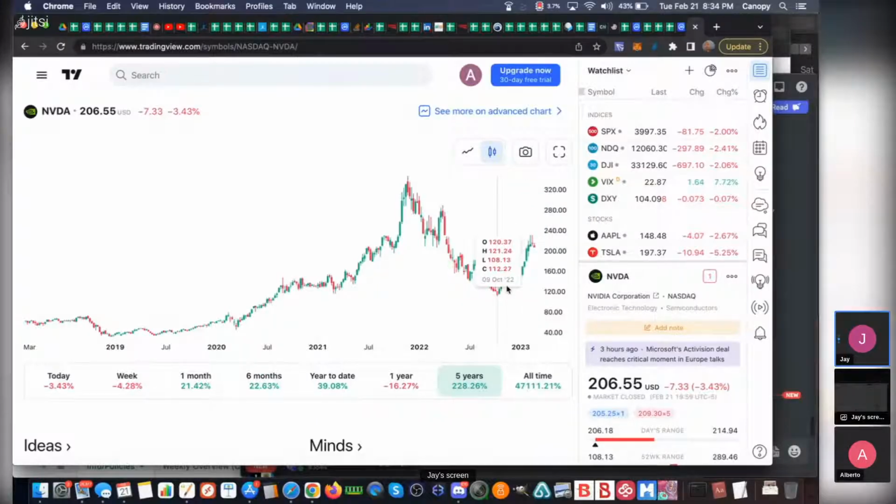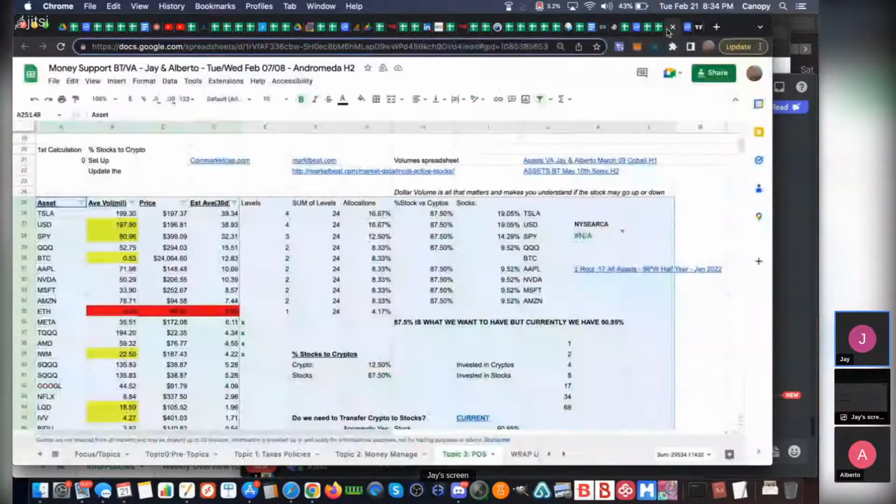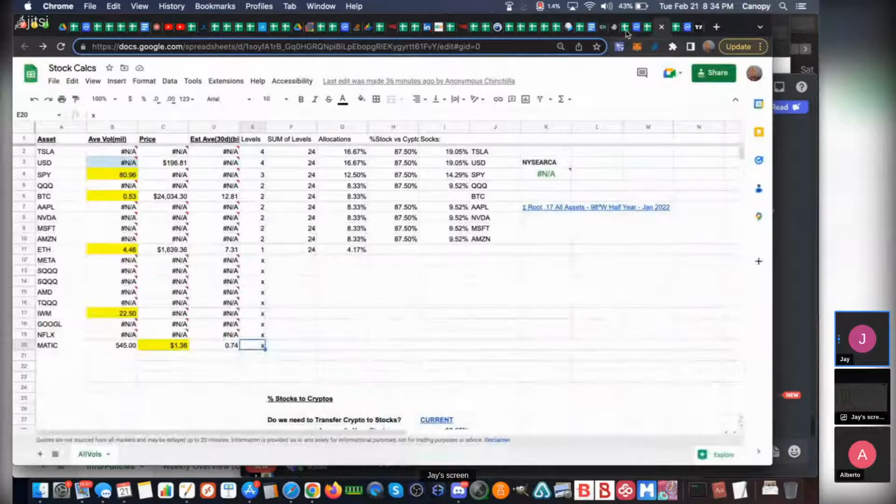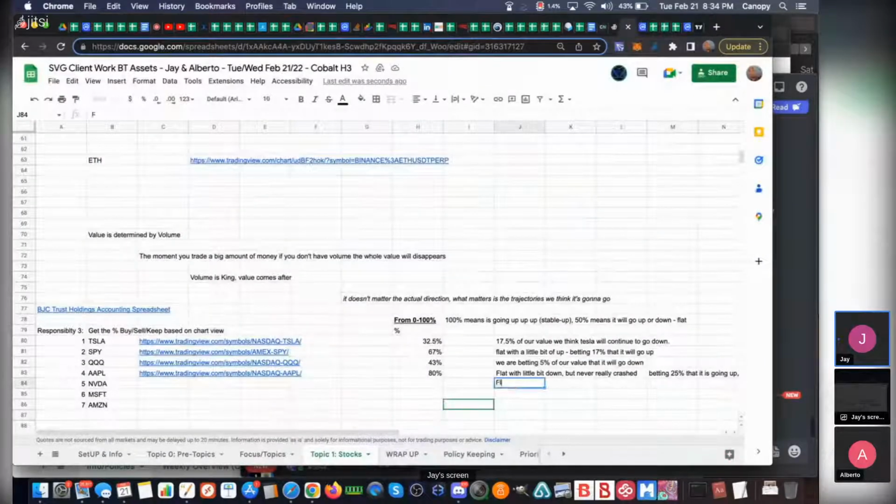For me, this almost looks like it's on an uptrend that it broke. You could see here it totally broke the downtrend, and it's actively on an uptrend. So I would say this is flat up. My assessment is that this is flat up, broke the downtrend, and is continuing up.